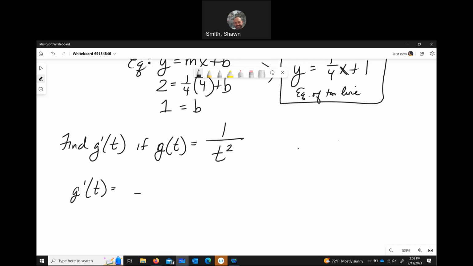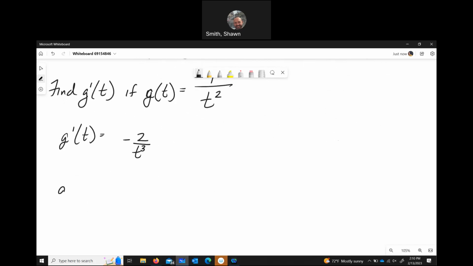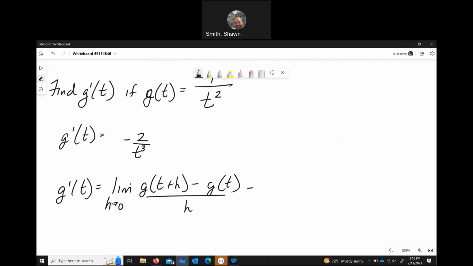g prime of t should be equal to negative 2 over t cubed. If you've taken calculus, you probably got straight to it, right? But were you able to do all the algebra to get to this? Okay, let's see. So g prime of t is equal to the limit as h approaches 0 of g of t plus h minus g of t all over h.